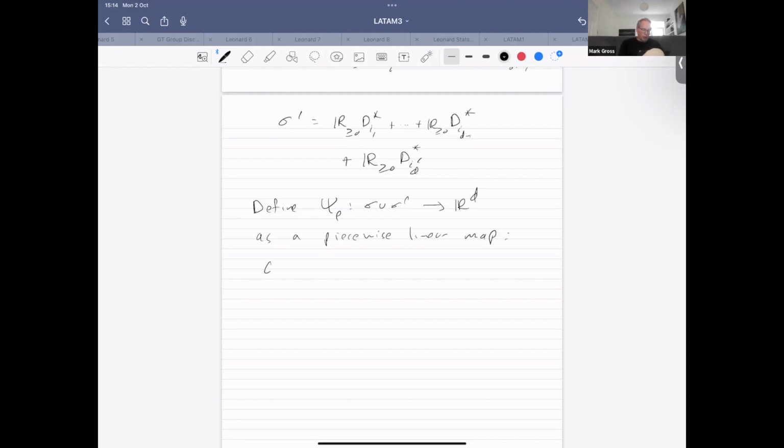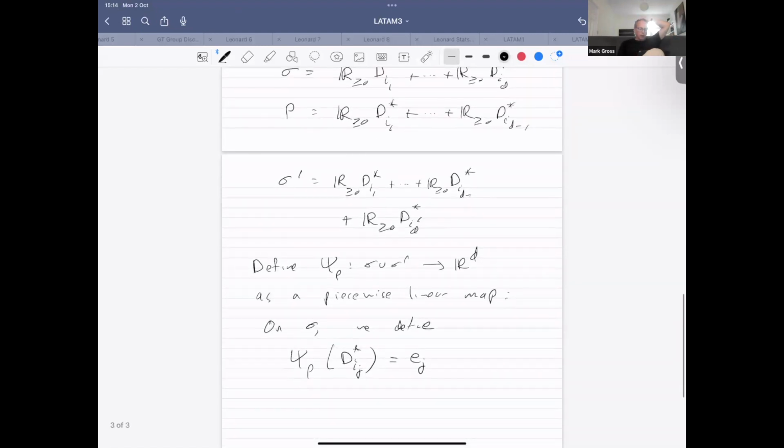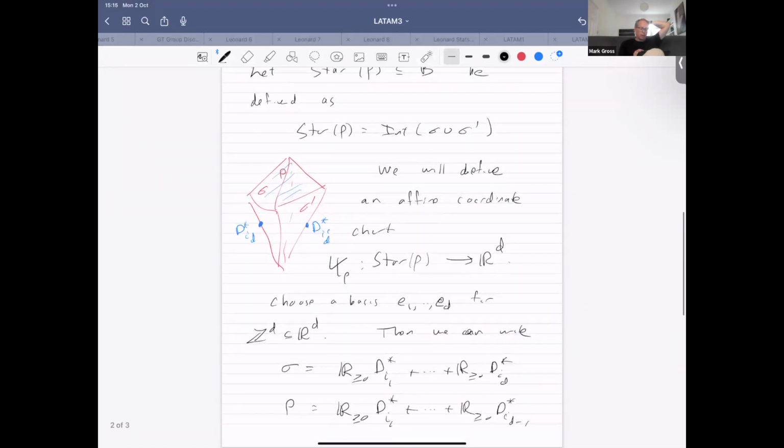So on sigma, I just need to tell you what psi rho does on generators. So d psi rho applied to d_ij star will just be the j-th basis vector e_j. So in other words, I embed the cone sigma in R^d as the standard cone, just the positive orthant in R^d.